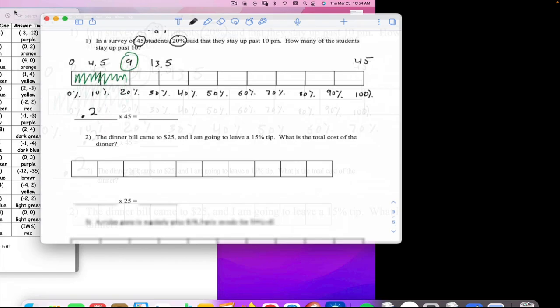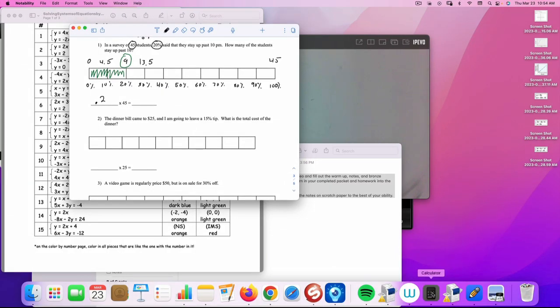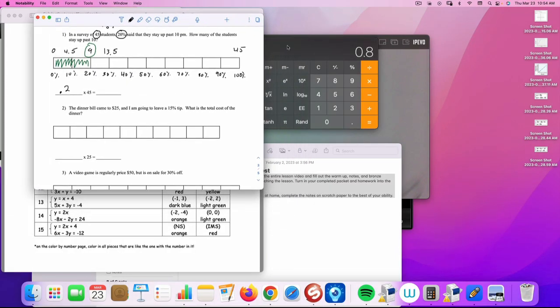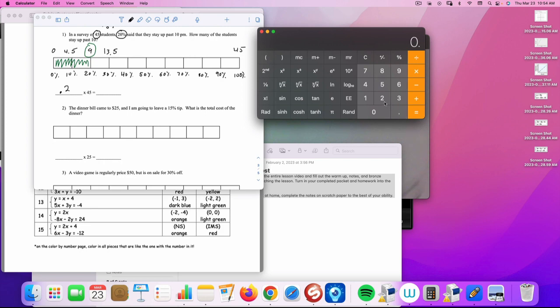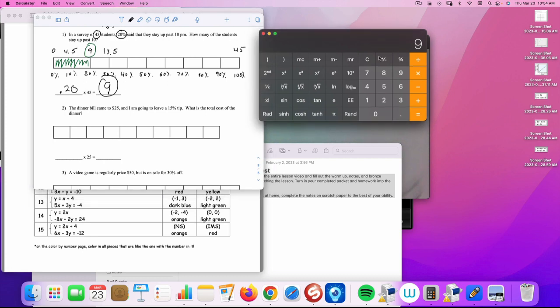If you are looking for a percent of, a shortcut I can take is multiply 0.2 by 45. I should get 9. Instead of using the bar model for today, if it's a percent of, you're going to take the percent as a decimal, multiply it. That is your answer. Take the decimal from the percent, 0.2 or 0.20, multiply it, and that's your answer.